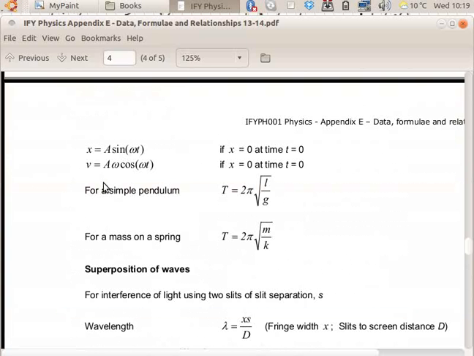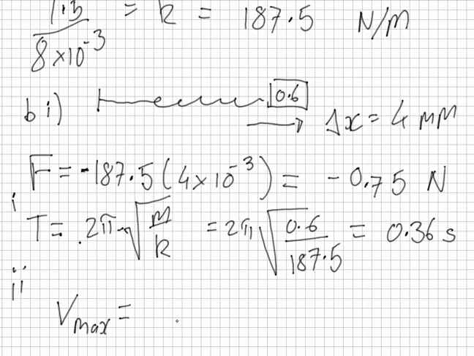You see, it's A omega cos omega t. So I'll write that down. Velocity is A omega cos omega t. Now, can you picture the graph here? Do you remember the graph for cosine? It goes like this.